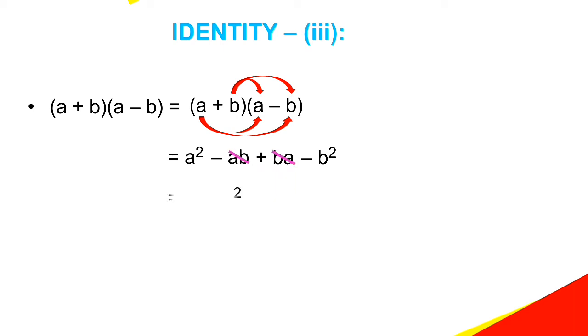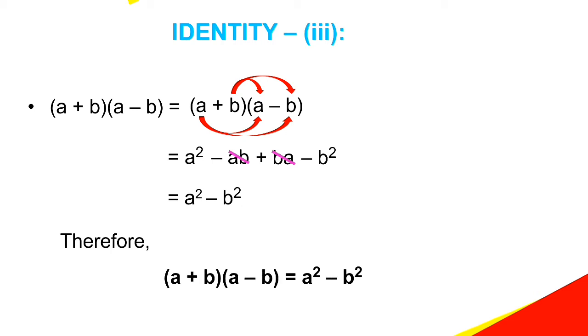What can we get now? What are the leftover terms? Right, that is A square minus B square. Therefore, what can we say? A plus B into A minus B is equal to A square minus B square.